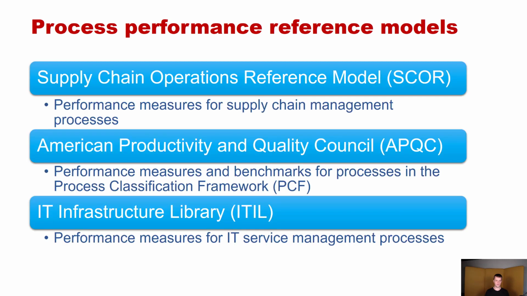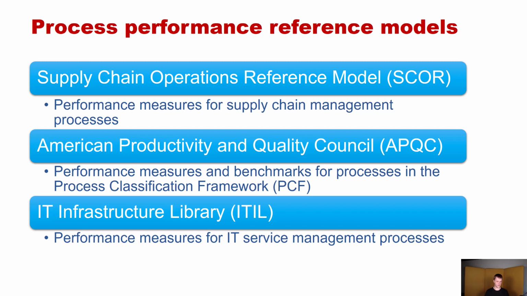Now, one final thing for this part of the lecture. You don't have to think about all the performance metrics yourself. It is an area where there has been quite a lot of research already, and there are some reference models that you can rely upon. For example, Supply Chain Operations Reference Model, or American Productivity and Quality Council, or IT Infrastructure Library.